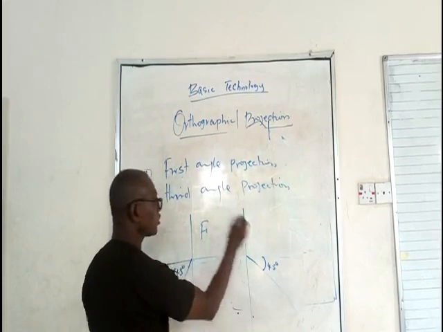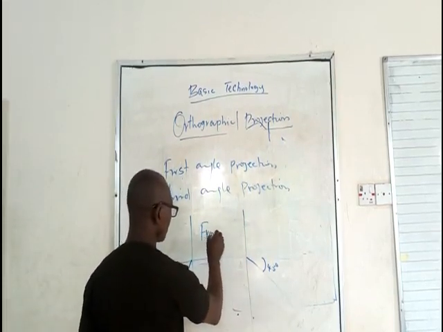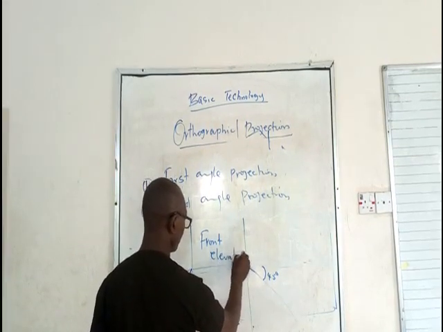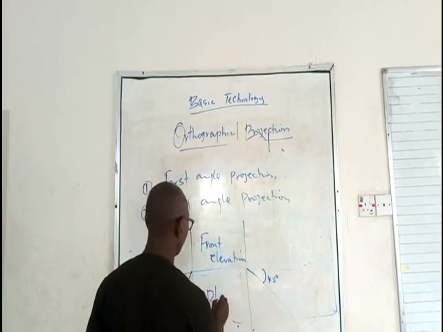This is where the front elevation will come up, while the plan will be down here.